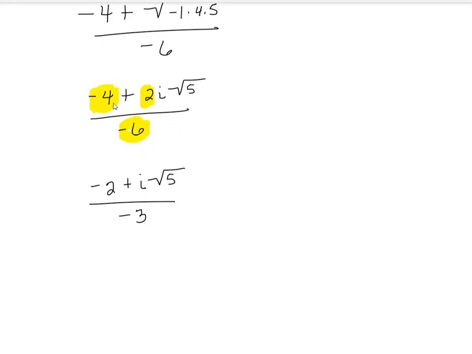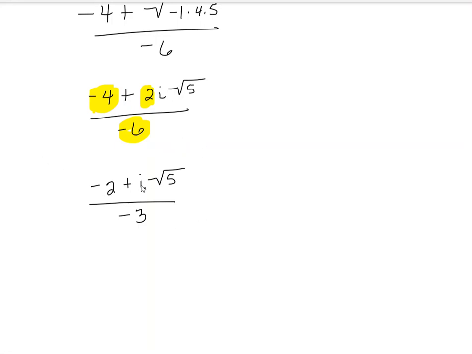Now, I could have done this up here in this step. Instead of dividing by the greatest common factor and a bit being a +2, I could have divided all of this by a -2 and taken out the factor of 2 and the negative all in one step, but that can get kind of confusing.